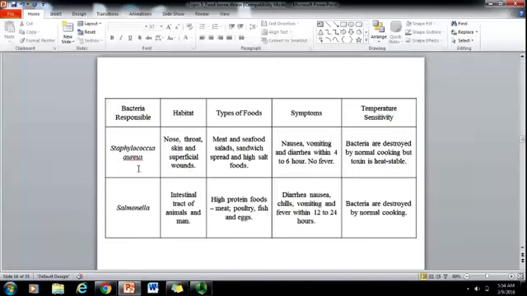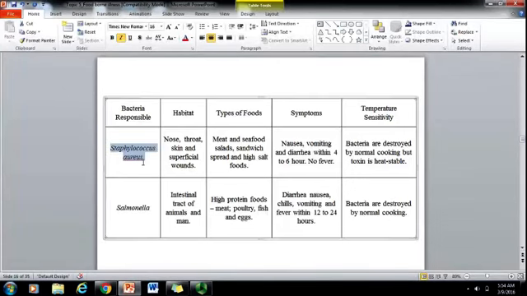In Staph aureus, you can see the natural habitat or natural reservoir for this pathogen is in your nose, in your throat, and on your skin, and Staph aureus can multiply in superficial wounds. So this is very crucial: if you find a food handler that has a wound on the skin, it is advisable for them not to handle the food.